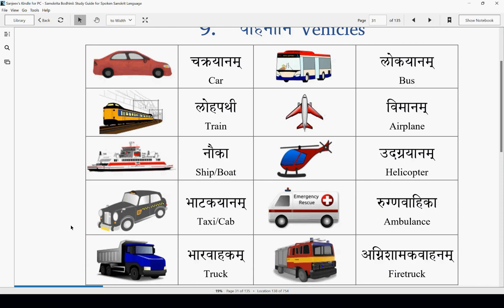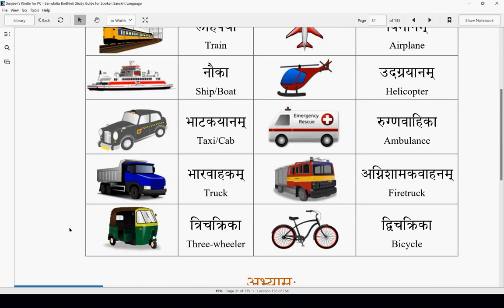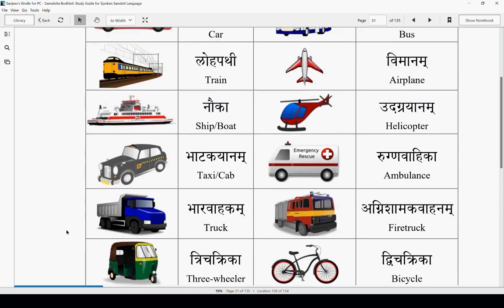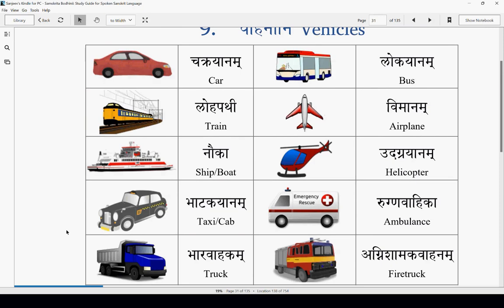Can you go up for the second line? There is more. Trichakrika, three-wheeler. Lokayanam, bus. Vimanam, airplane. Udgrayanam, helicopter.